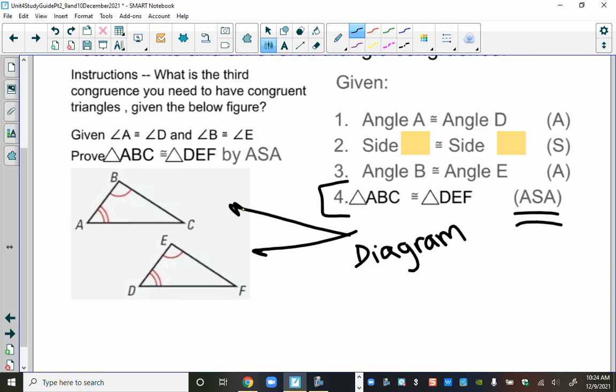And why are they congruent? How many arcs do both angle A and angle D have? Two arcs, that's right. So that's our angle. And then they said B and E were congruent because they both have how many arcs? One.